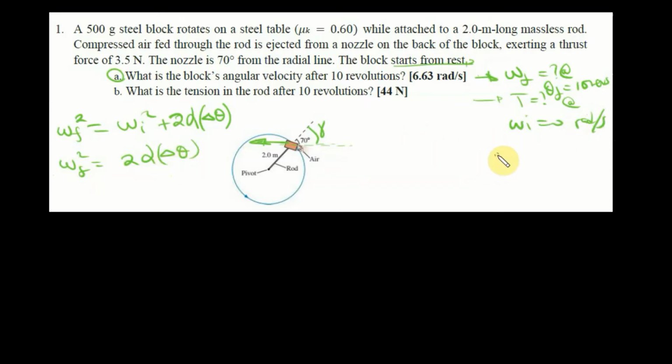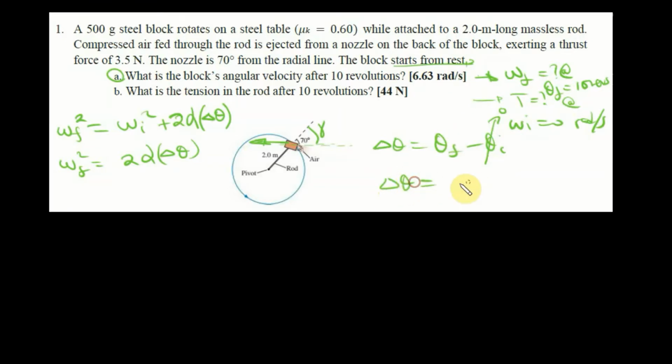What else do we know about theta? We know that change in theta is equal to theta final minus theta initial, and the final position we know, which is 10 revolutions. The initial position we take as 0, because it starts at rest.